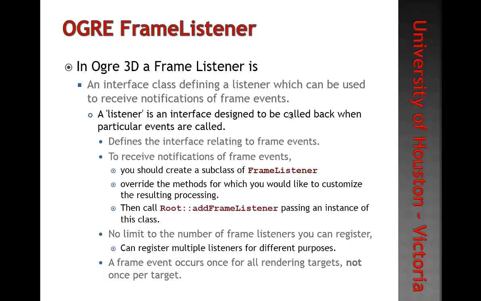Basically it's an interface class that defines a listener which can be used to receive notifications from frame events. And what frame events are is, in your game loop, whenever your frame buffer performs a swap operation, basically in the rendering phase of your engine, when a complete frame has been completed and rendered, it will be swapped in the frame buffer.